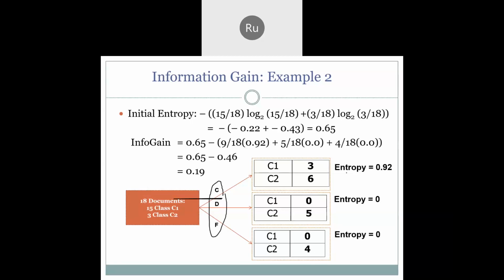But the distribution of the subsets will be different now. The entropy for this is 0 because we only have one label here, and the entropy for this is this one. If we compute the IG here, this is the initial entropy before splitting, and this one is the entropy for node number 1, and this is the weightage, 9 over 18.